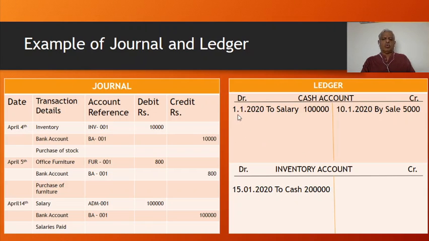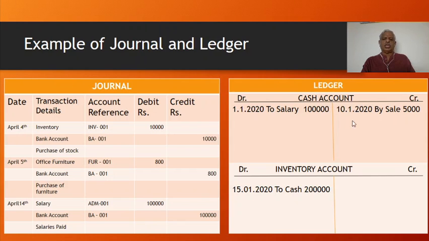So here on 1/1/2020, paid a salary of rupees 1 lakh. So this is a cash account. You are posting the information from journal to cash account. So this is a ledger. From journal you have taken all the data into ledger. So this is a transaction that has happened on 1st January 2020. You paid salaries of rupees 1 lakh.